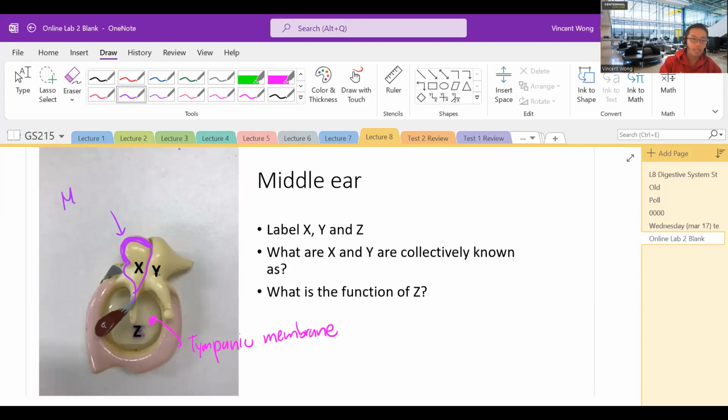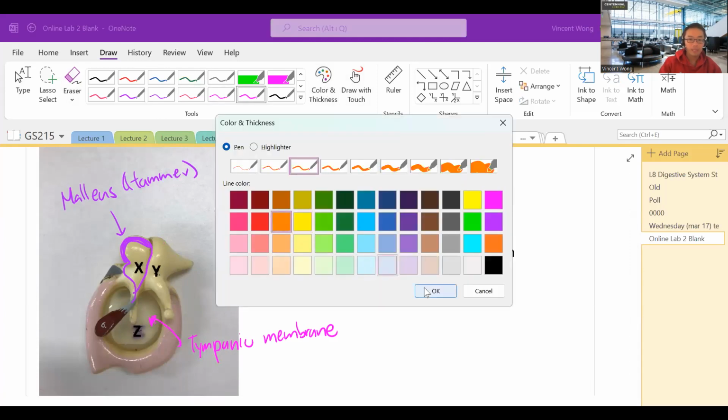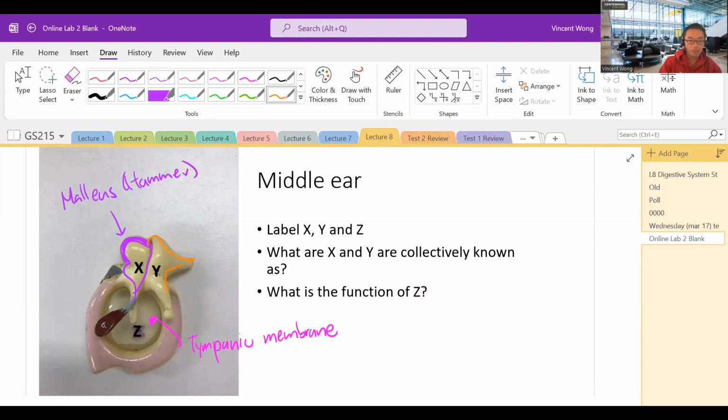That is the malleus, right? Also known as the hammer, right? You have the pointy one. The pointy one, this one, that's the incus or anvil.